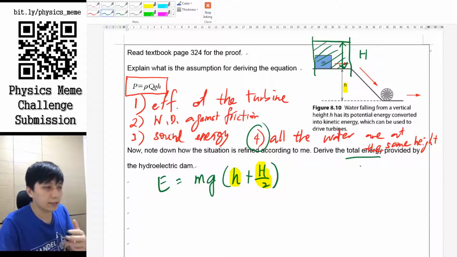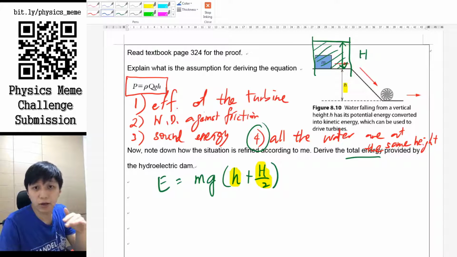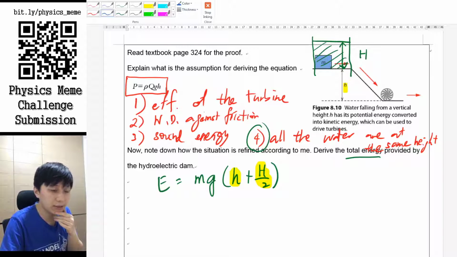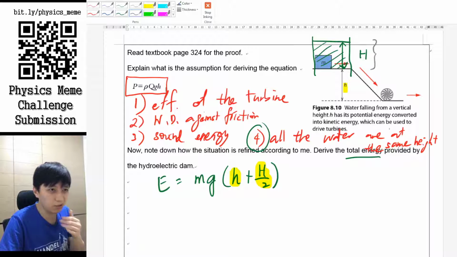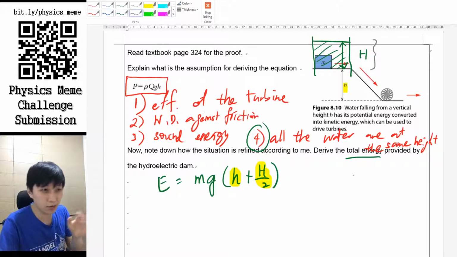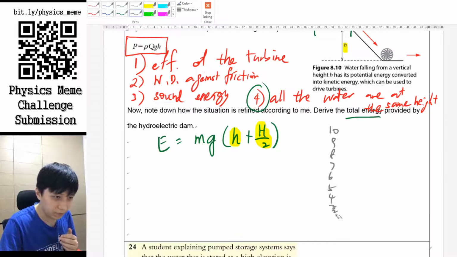Think about this, like what I said earlier, each of these water will have their own height. So imagine if you try to cut this layer of water into different portions. So let's say you cut it off by 10 portions. So you have 10, 9, 8, 7, 6, 5, 4, 3, 2, 1.